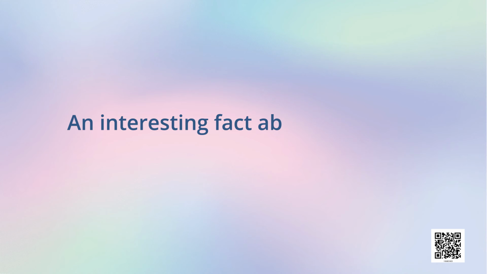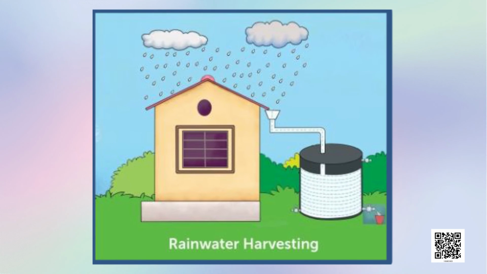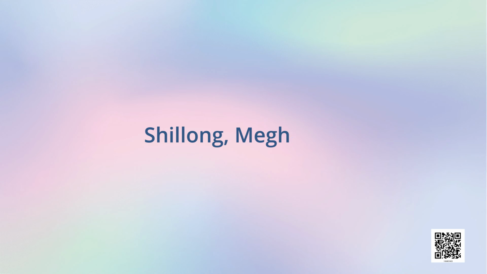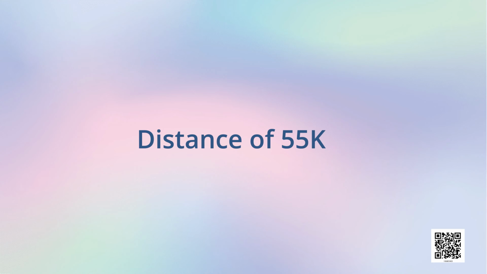An interesting fact about rainwater harvesting in Meghalaya is as follows. Rooftop rainwater harvesting is the most common practice in Shillong, Meghalaya. It is interesting because Cherrapunji and Mawsynram, situated at a distance of 55 km from Shillong, receive the highest rainfall in the world.